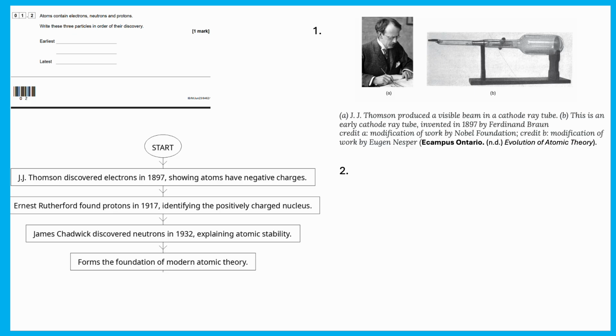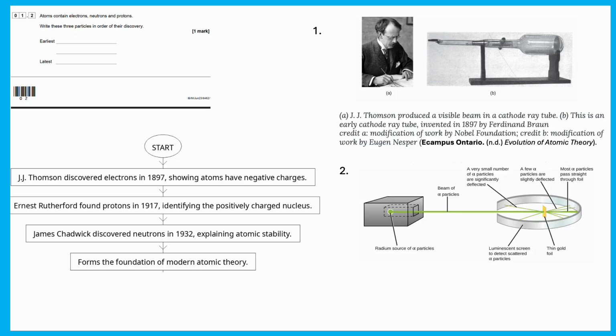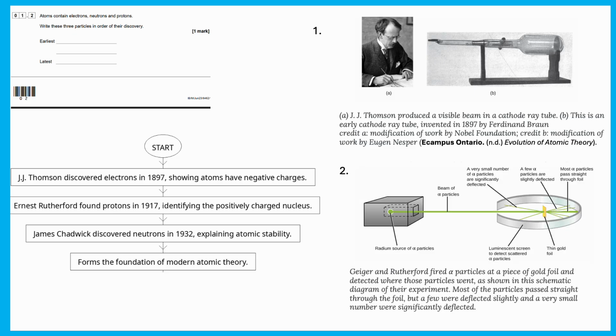Building on this, in 1917, Ernest Rutherford uncovered the existence of the proton, a positively charged particle within the nucleus, through his groundbreaking alpha particle scattering experiments. Finally, in 1932, James Chadwick identified the neutron, an uncharged particle also located in the nucleus, which resolved the puzzle of atomic mass and stability. Together, these findings laid the foundation for the modern model of atomic structure.